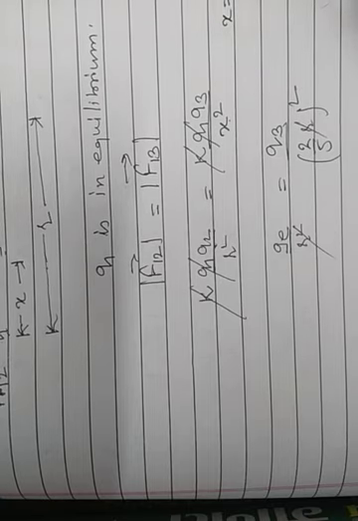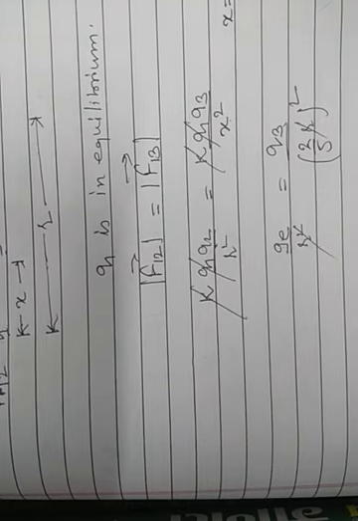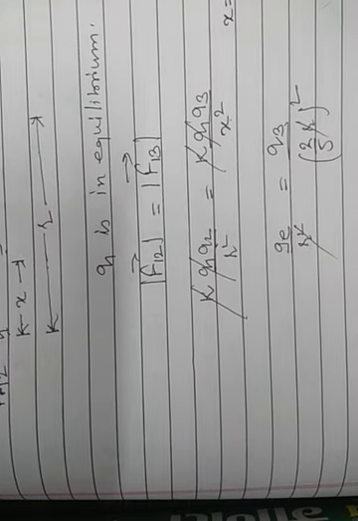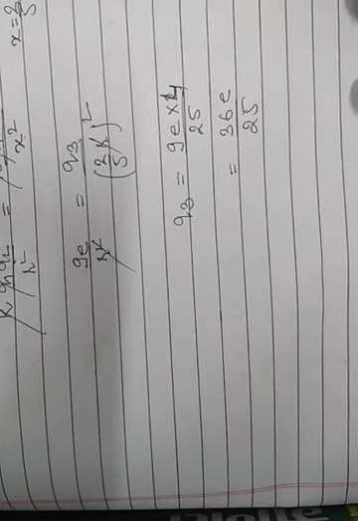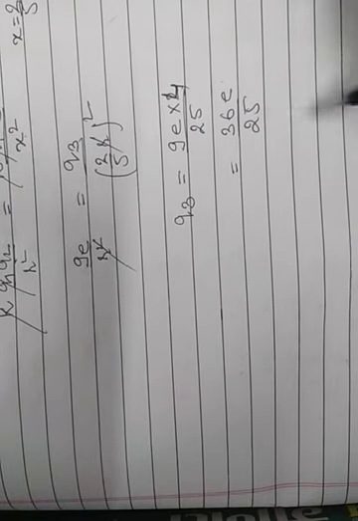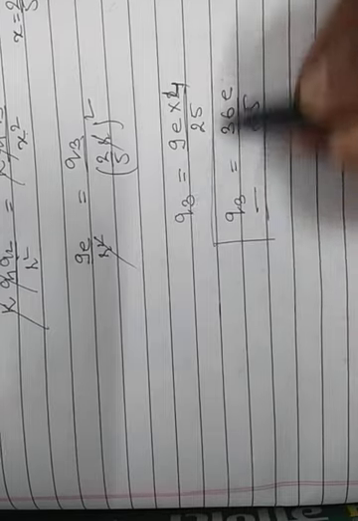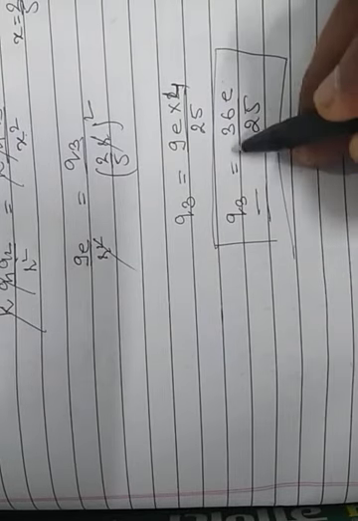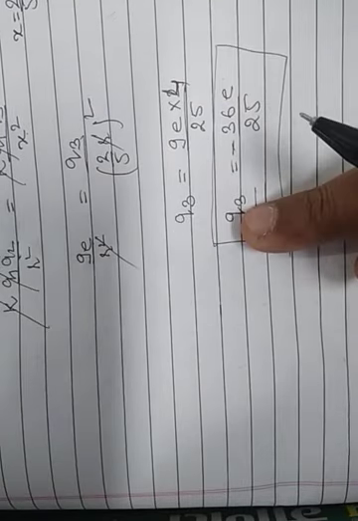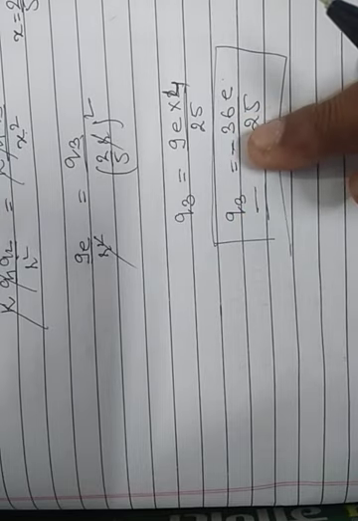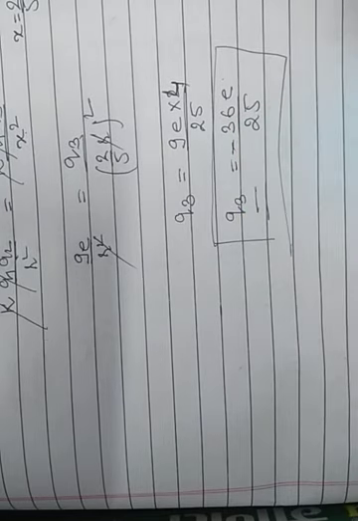You all can solve it. This is 2, this is 4, square of 2. Now 9 into 4 is 36e upon 25. So 36e upon 25 is the magnitude of Q3. This is the basic algebra you can solve, and obviously the sign of Q3 is negative.